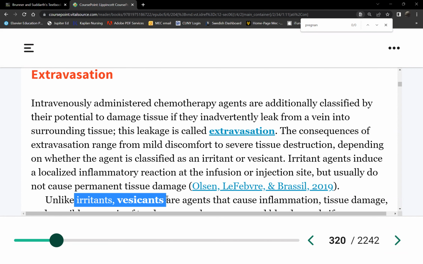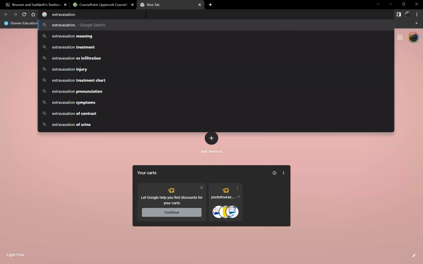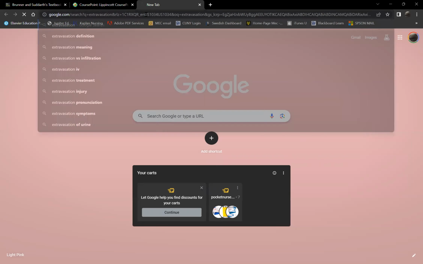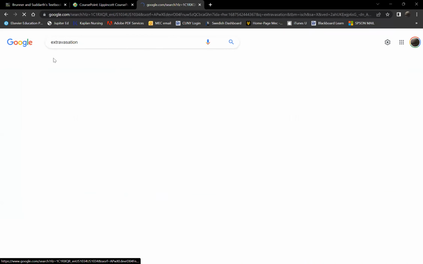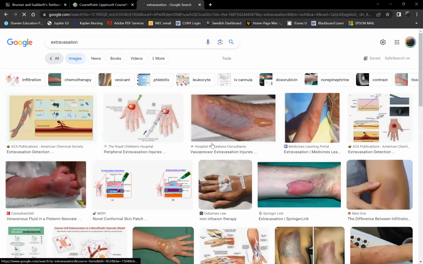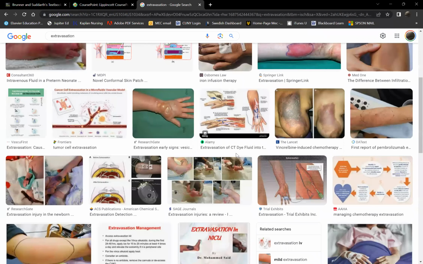If it infiltrates, we don't call it infiltration, we call it extravasation. Unlike infiltration, wherein what will happen if an IV fluid infiltrates? Okay, there will be edema, swelling of the tissues, right, around the vein. Here is what extravasation will look like. So it will cause tissue necrosis.